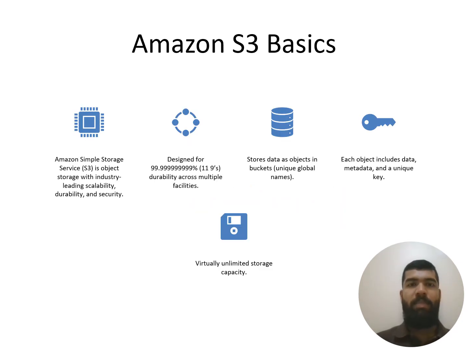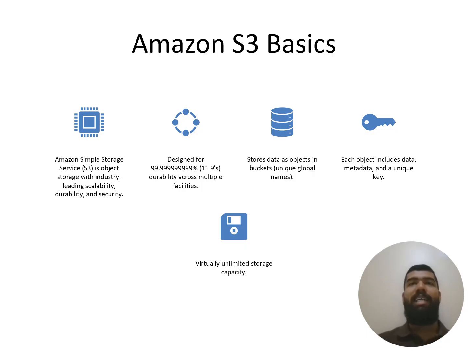All right, so Amazon S3 basics. So let's talk about it. Amazon Simple Storage Service, or S3, is AWS's object storage solution. It's designed for 11 nines of durability, which means your data is replicated across multiple facilities or multiple availability zones.